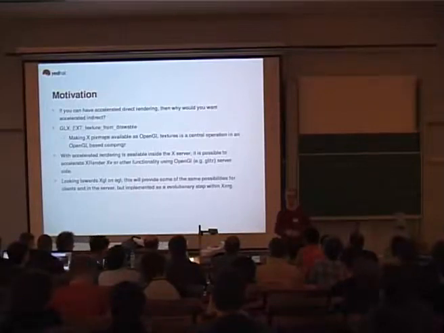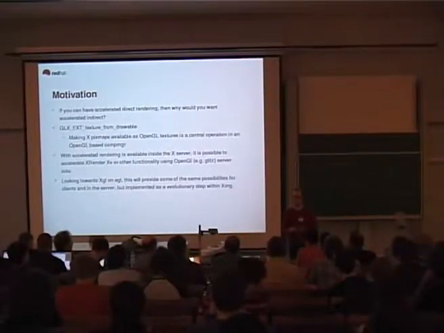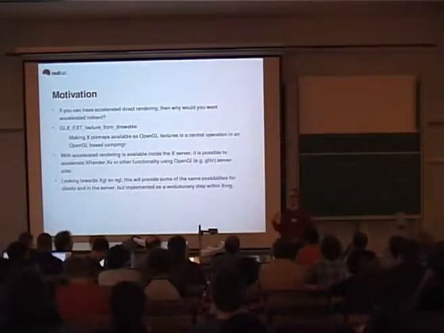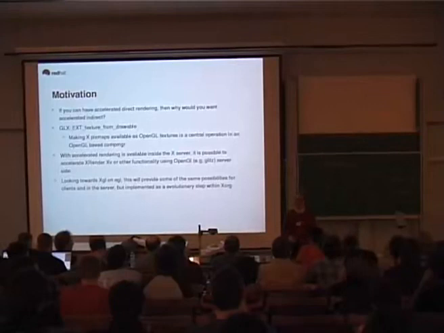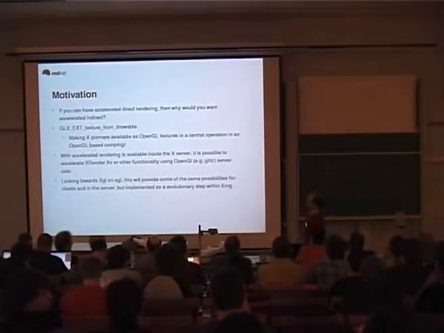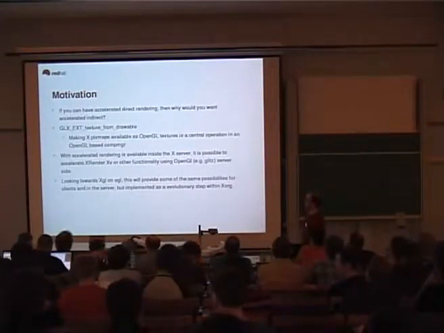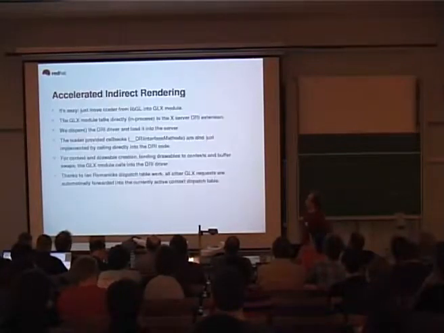Of course, the caveat is that if you have textures, you need to transfer them. This is the drawback: you have to send the textures over the network. With direct rendering, you can download those textures directly because the client and driver are in the same address space. But all in all, accelerated indirect rendering is interesting because we can then accelerate these compositing methods that everybody uses these days.